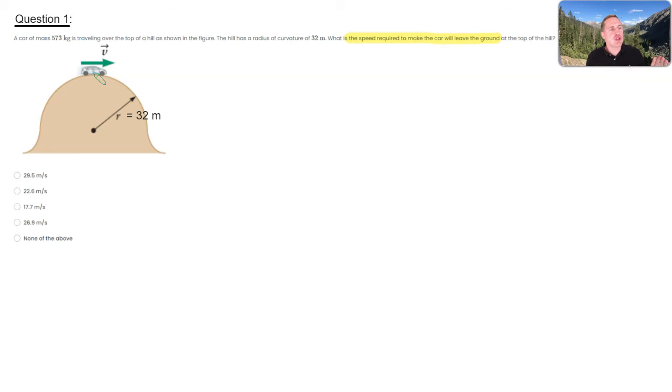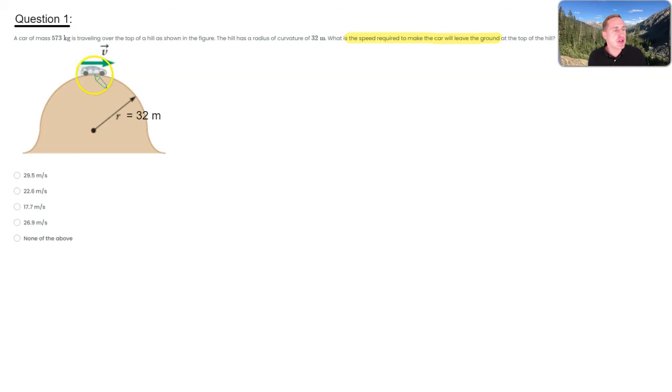Well, you can imagine when we go fast enough that the car no longer retains contact with the hill because it actually has very little force between itself and the ground. So it will leave the ground and project off the hill if the force between the ground and the car goes to zero. That force we often call the normal force. Some of you may have learned it as the so-called support force, but you could call it the normal force.